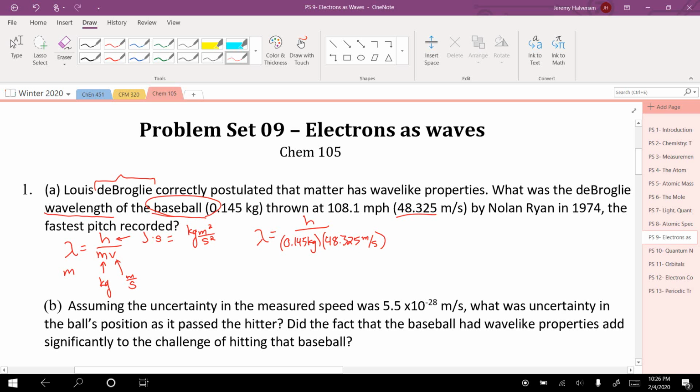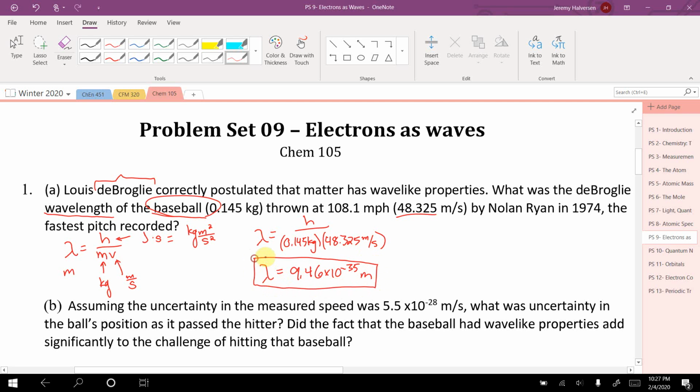If we go ahead and do that, h over 0.145 times 48.325, that gives us a wavelength of about 9.46 times 10 to the negative 35 meters.